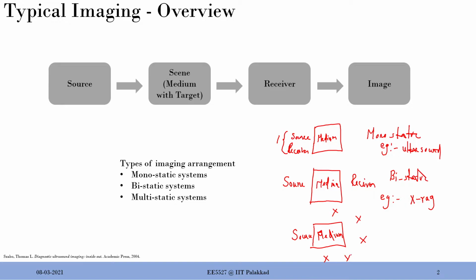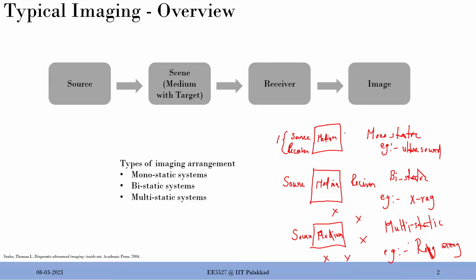They are located spatially at different locations, and that is known as a multistatic system. So here an example is a ring array system, where you can actually mount a ring of arrays and then probably play with it.